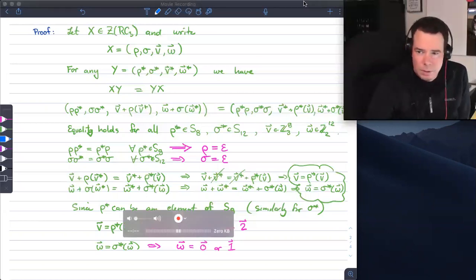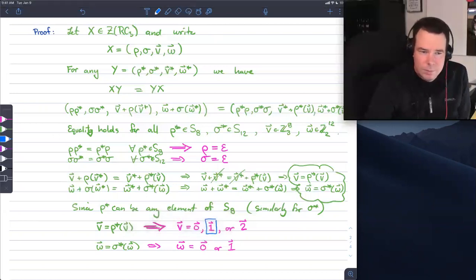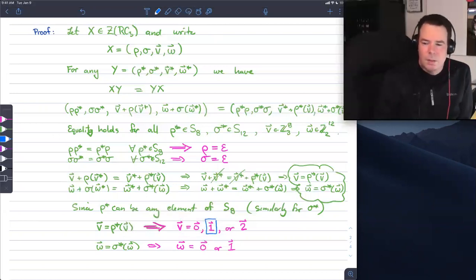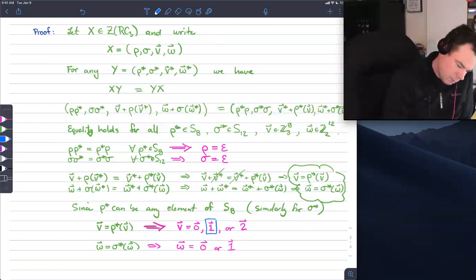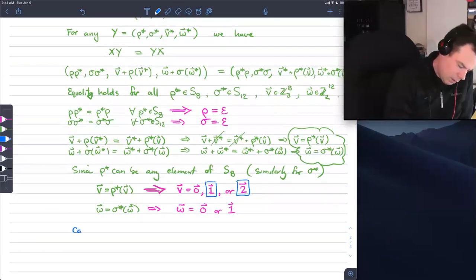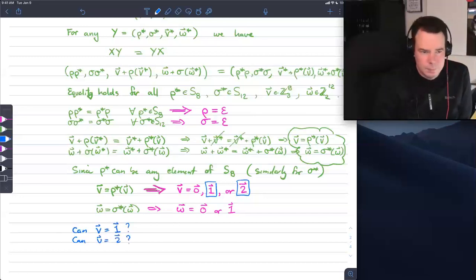What are the thoughts on that? So can V be 1? Can V be 2? Exactly, you got it. No, it's not divisible by 3.